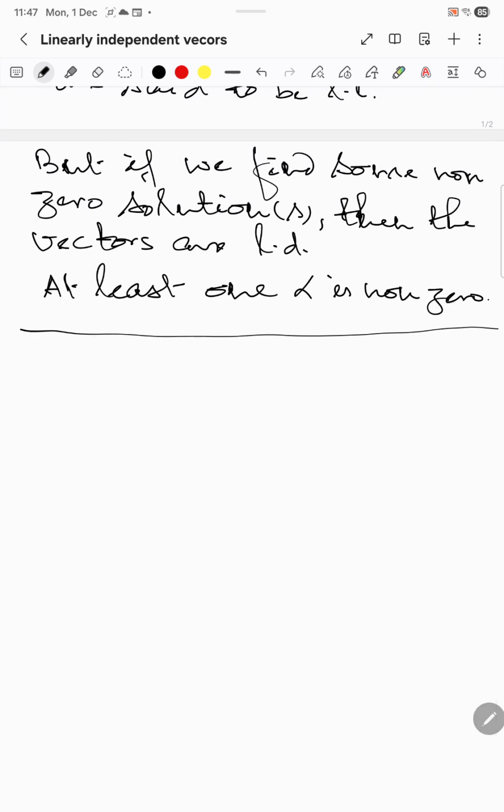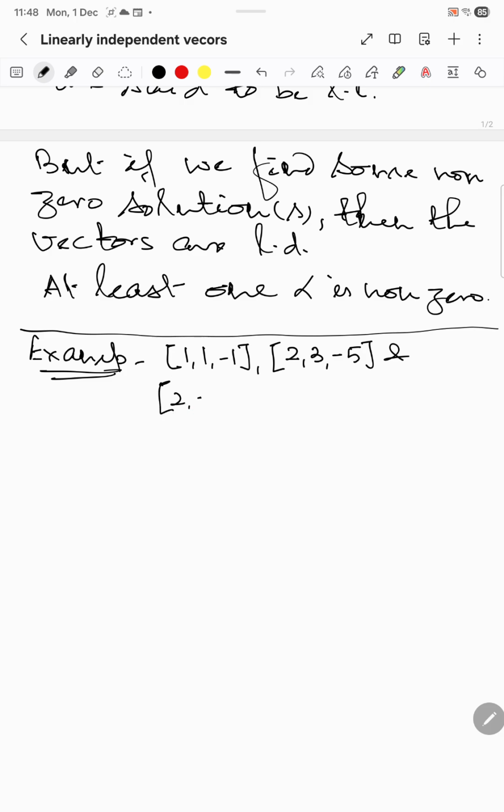So let us take some problem on this concept. For simplicity, we are taking the vectors from R3. Let us consider the vectors (1, 1, -1), (2, 3, -5) and (2, -1, 4), and we have to test whether these vectors are linearly independent or dependent.